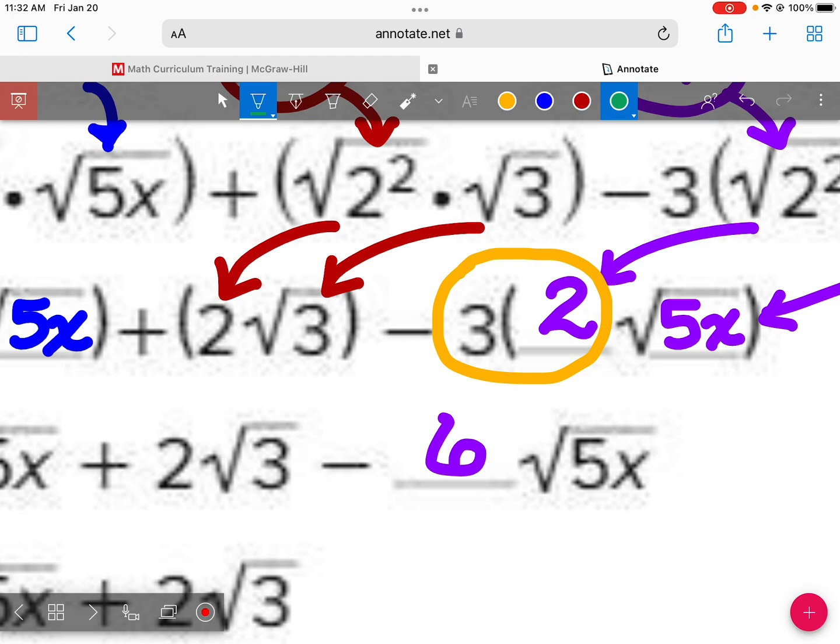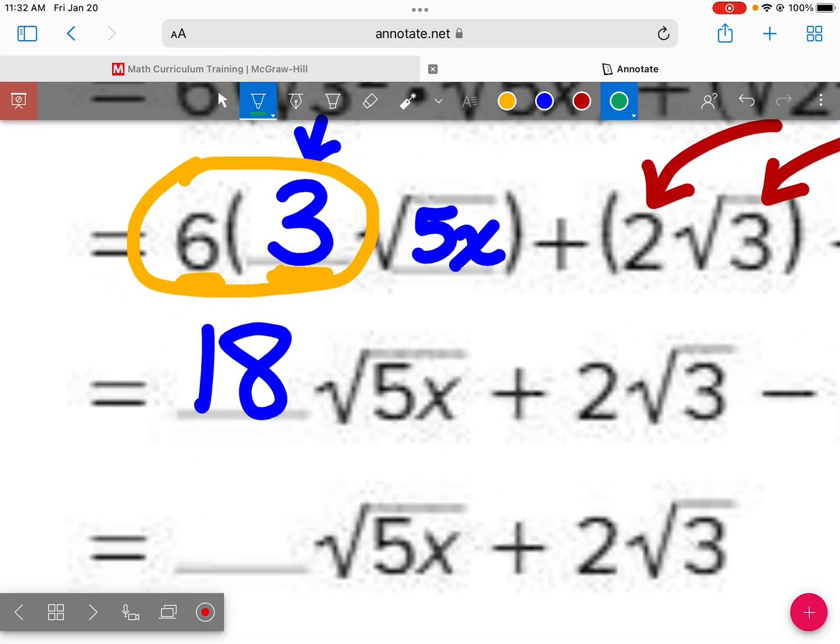I want you guys to look right here. I have 3 terms, just like I did back at the beginning, but they've all been simplified now. They are like terms if they have the same index and the same radicand. Do we have any like terms here? Anything that has the same index with the same radicand? Which pieces are like terms? Well, 5x is my radicand. What is the whole term? I'm looking for things that are like terms, so that would have to be the whole piece together.